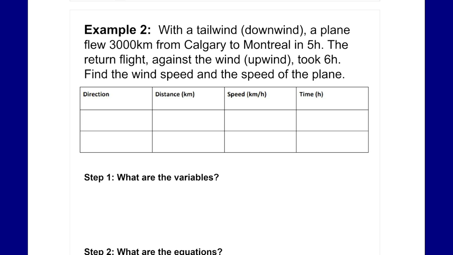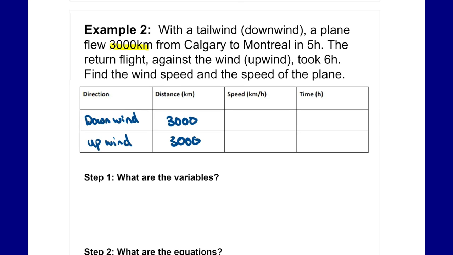So we're going to do something very similar to what we just did. We're going to have our two directions. So we have downwind, or with the wind, or tailwind, and then we have upwind, which is going against it. Our distance in both is 3,000.